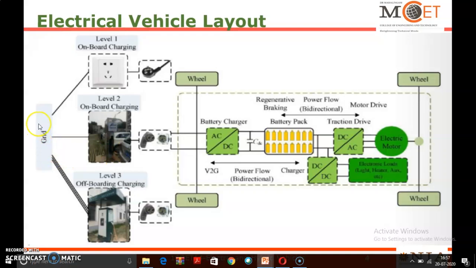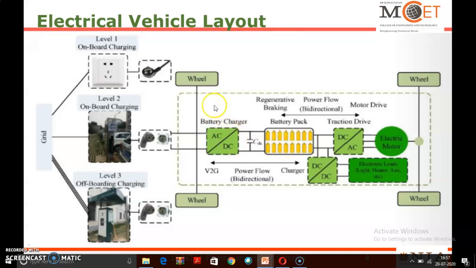Here, the electric grid will supply the electrical power to the battery pack through the battery charger or the charge regulator. And we know that the battery stores only DC energy.